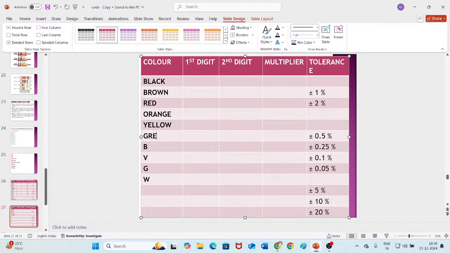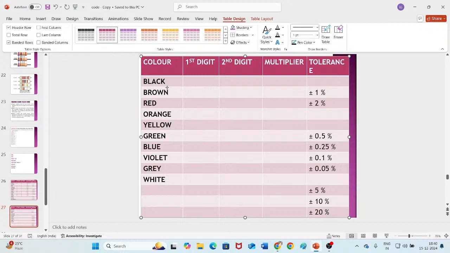Next, green. This B is blue. This one is violet. Next, gray. Next, white. Are you able to follow or not? You just mention in the chat box.